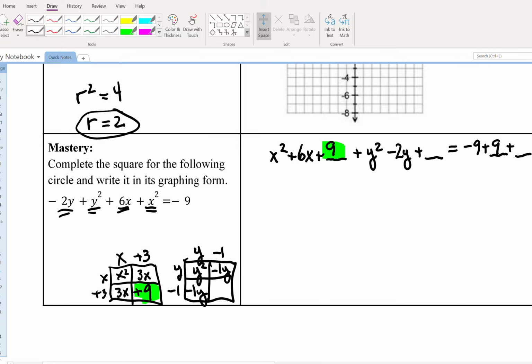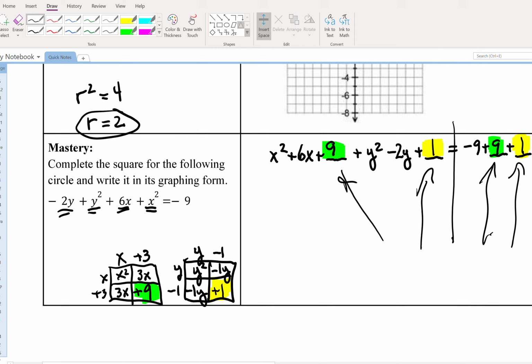And a -1 times a -1, let's color code this as well, -1 times a -1 would be a +1. And so this is +1, and over here also +1. I'm just doing the same thing to both sides. So there's my 9 added to both sides, and there's my 1 added to both sides. Because you have to keep your equation balanced, right? This is the middle of my equation. So I added 9 here, I had to add 9 here. I add 1 there, I have to add 1 there.